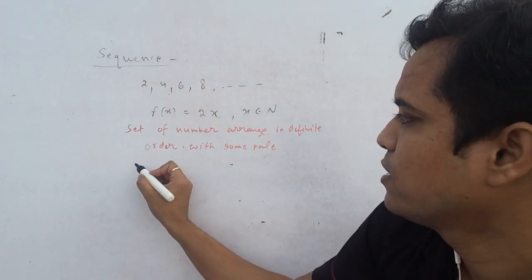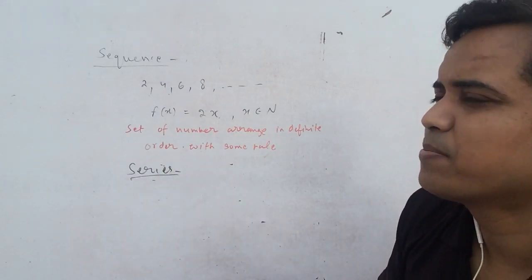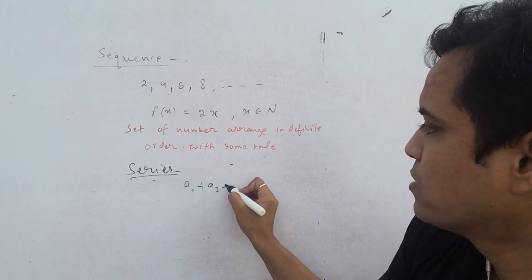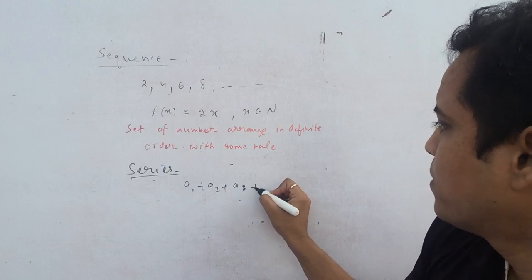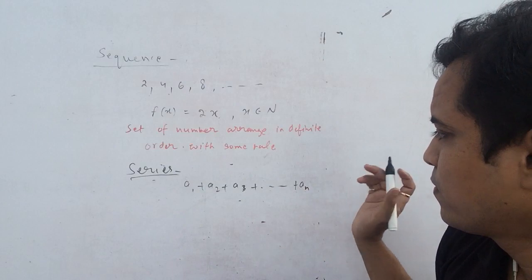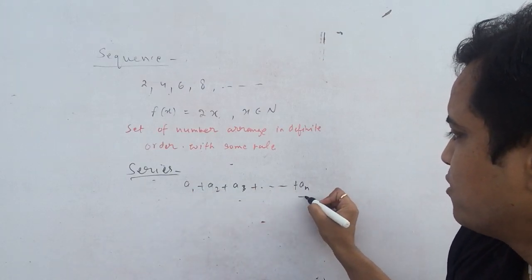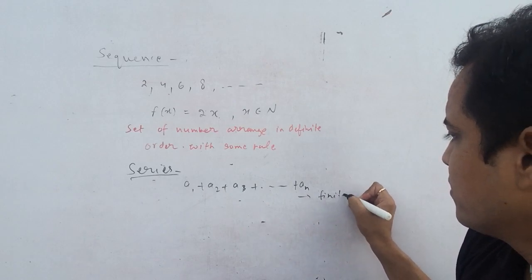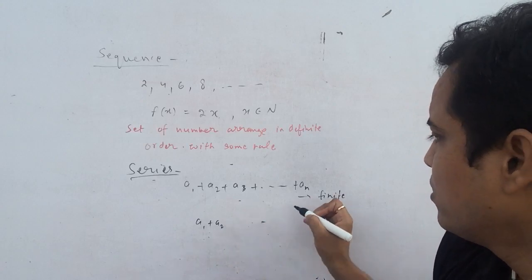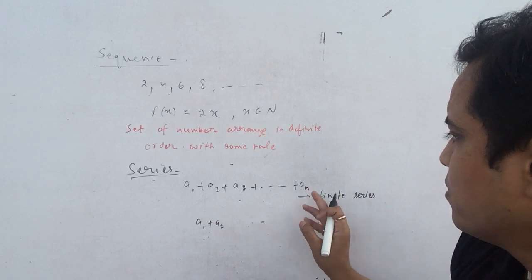Now, what is a series? A series is a sum of a sequence. Like if you write a1 plus a2 plus a3 plus up to an, these are the sum of a sequence. This is a finite series, where n is defined.